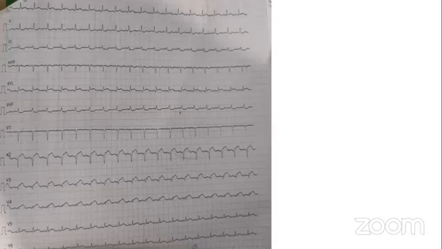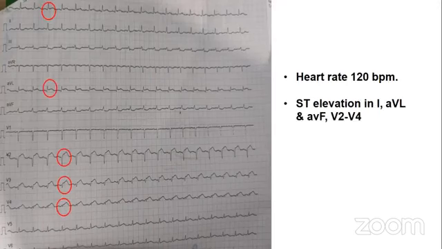So probably this is anterior MI with reciprocal changes in the inferior leads, and there is no ST change in V1, leaving V1 apart. Tushan, what have you missed? You have missed the Q waves.